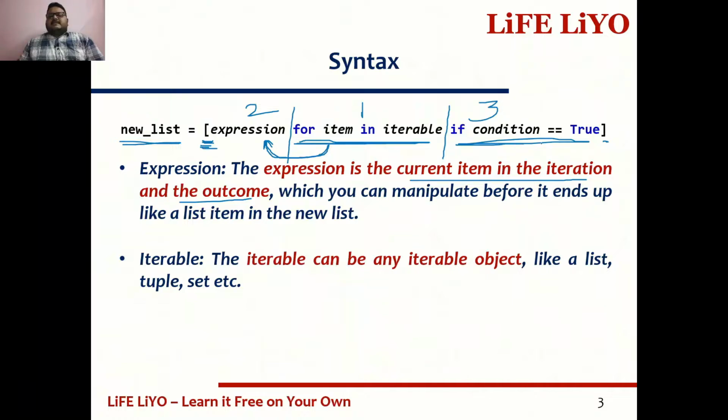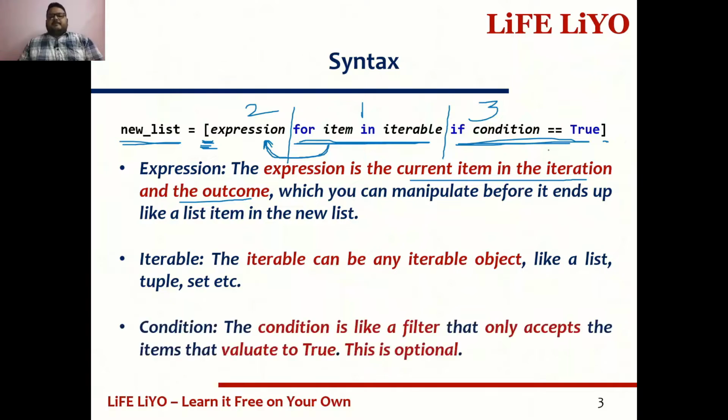So what is this decision making? This condition is purely optional. This condition acts like a filter. For example, if you want to take only odd numbers from this iteration, such as i equal to 1, 2, 3, 4, 5, then in this range, if we go for the for loop, the i value will be 1, 2, 3, 4, 5.